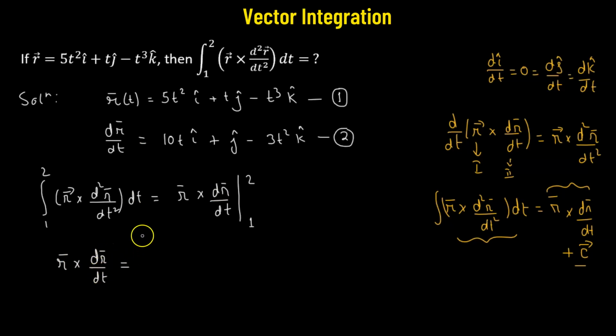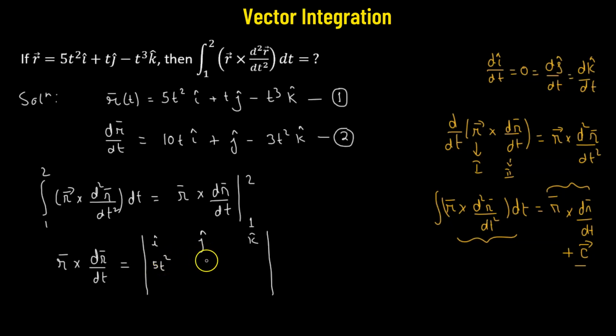For this, all we have to do is consider the 3 by 3 determinant, where in the first row we have i cap, j cap and k cap. In the second row, we'll consider the components of vector r. These will become the entries of the second row. So for r vector, we have 5t squared.